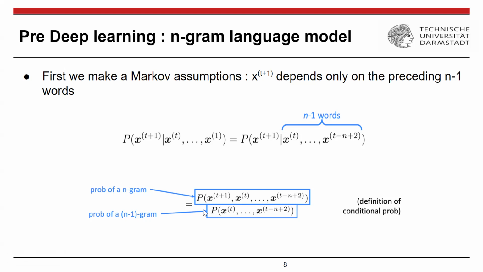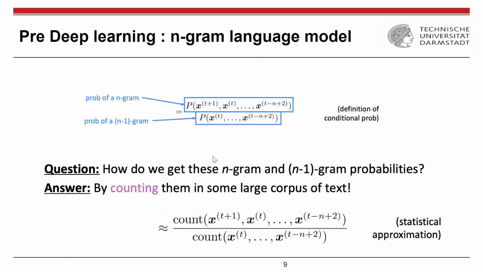So how do we use this relaxation to obtain the representation? Let's say you want to compute this probability.